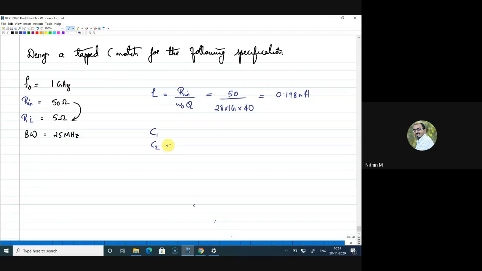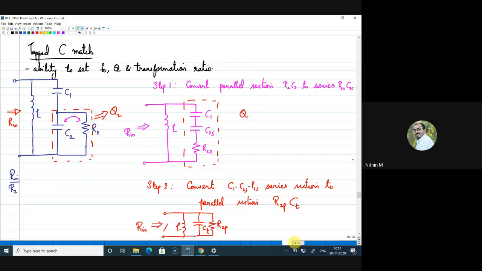Capacitor C2 is 0.401 nano. Yes, correct. Which is the same as 401 picofarad. And what is C1? Any answer for C1? 0.185 nano. Yes, it is 185 picofarad. Very good. So I think you would have used all these formulas here to arrive at the final answer.